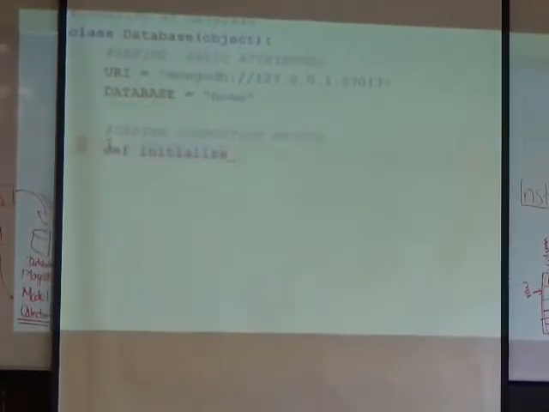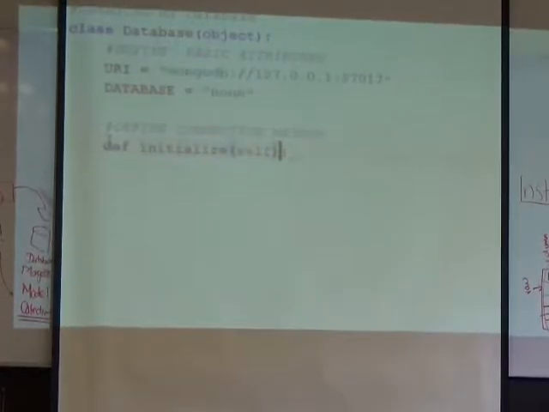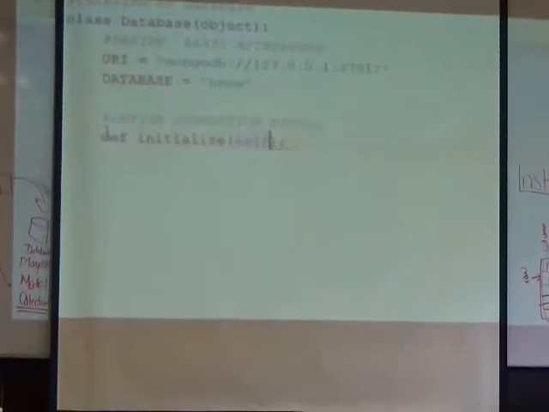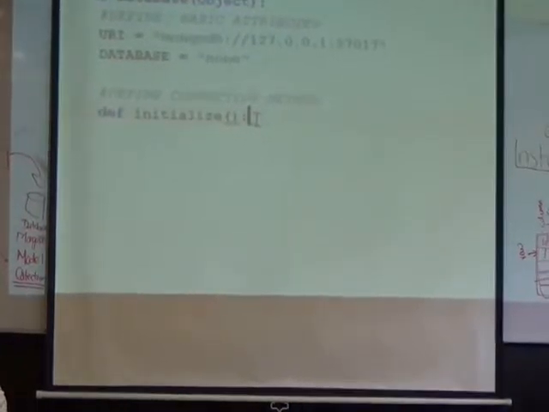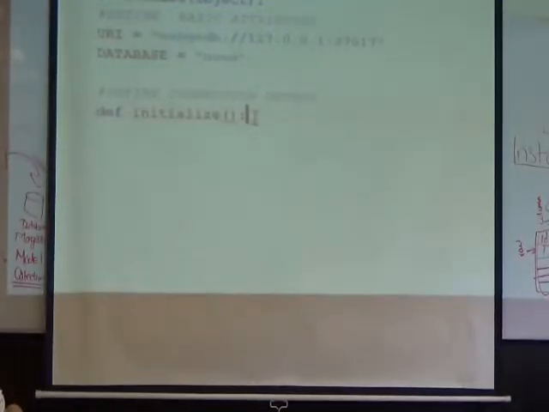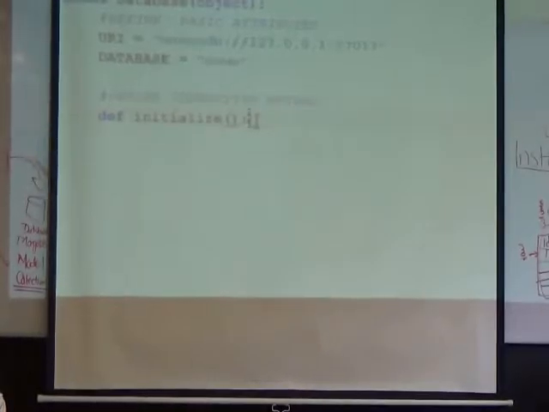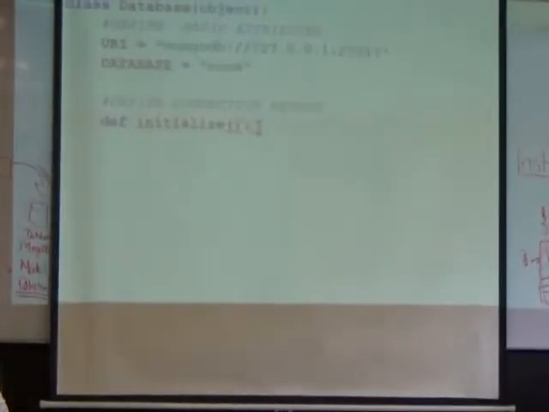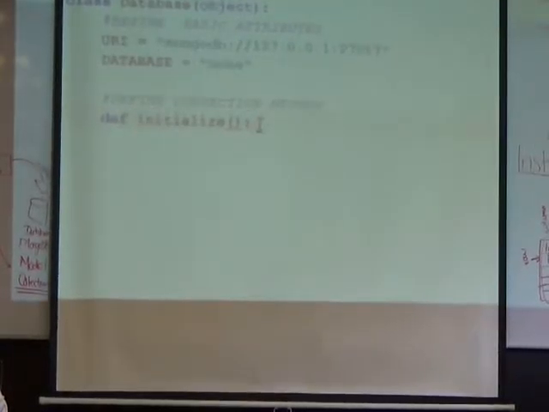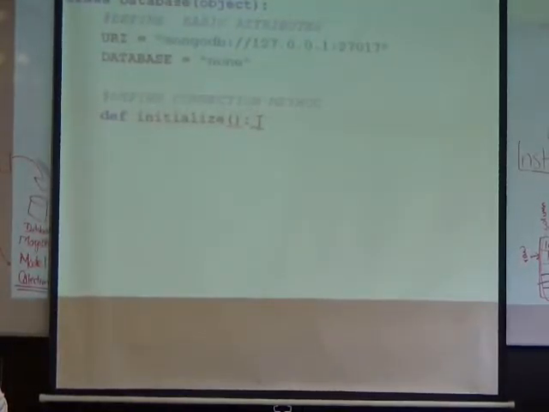Def initialize, open and close. I don't need the self. Do you remember when I need the self? For constructors. For constructors I need the self. In this case it is not necessary. So I'm gonna create it and it will be like this.